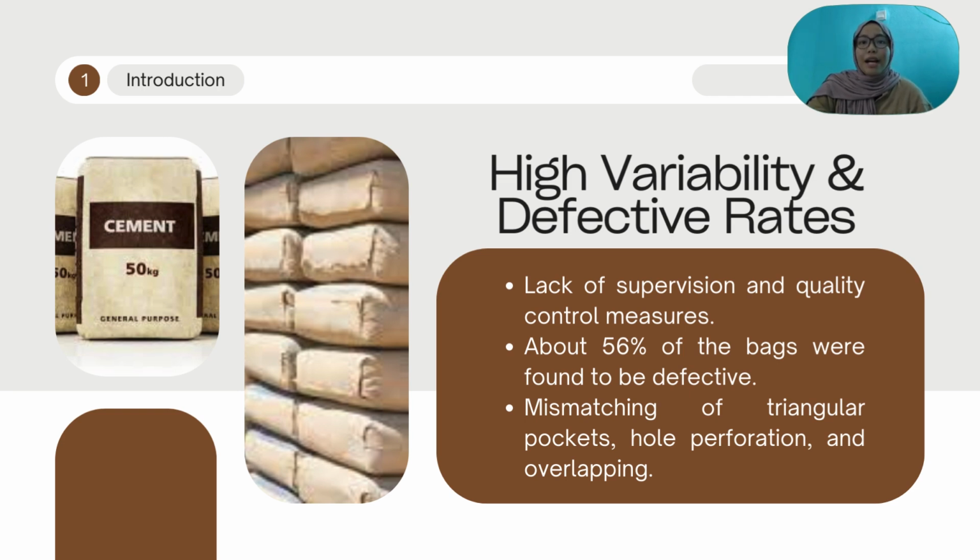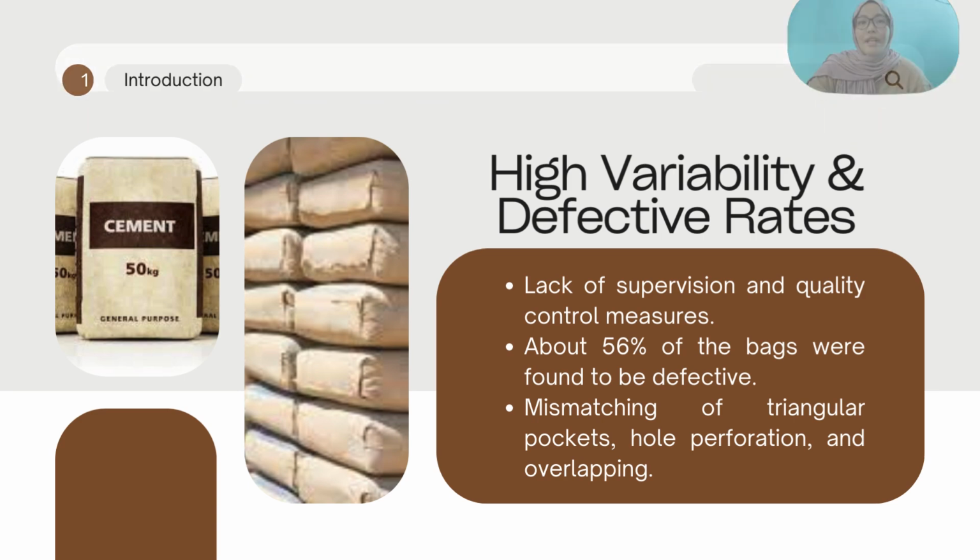This resulted in a high number of defective cement bags. Specifically, about 56% of the bags were found to be defective, primarily due to issues such as mismatching of triangular pockets, hole perforation, and overlapping.